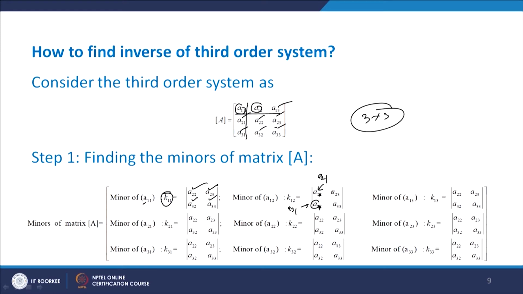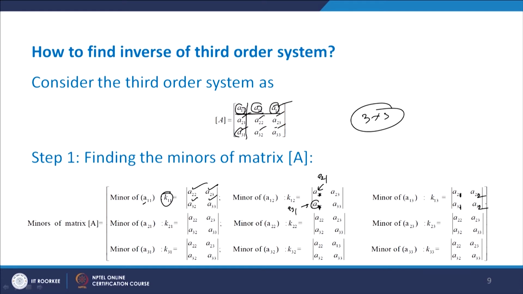Now, the principal minor of A13: remove this particular row and this column. So, we will get A21, A22, A31 and A32.